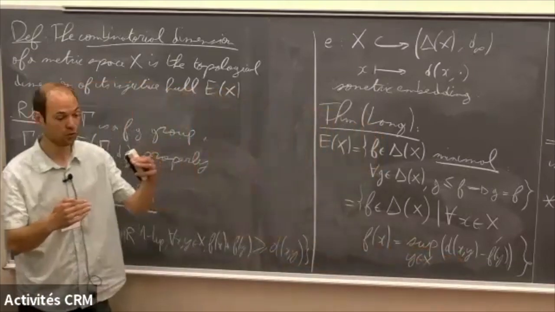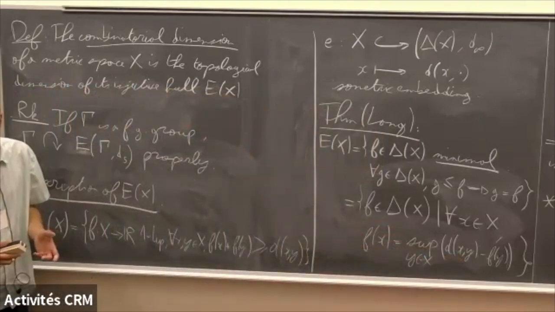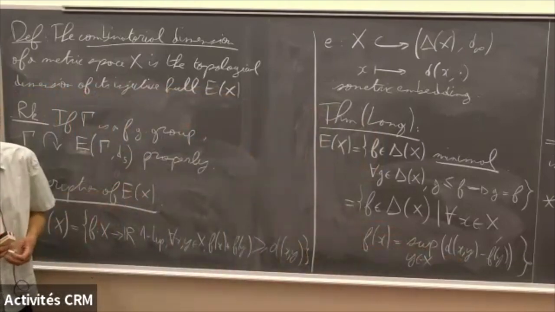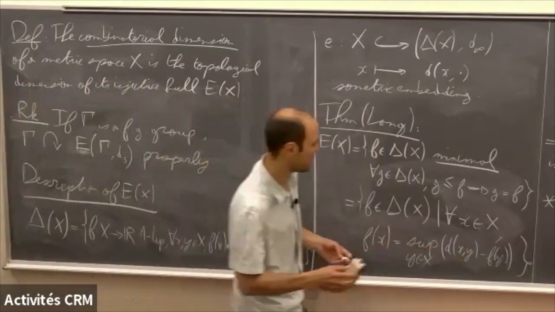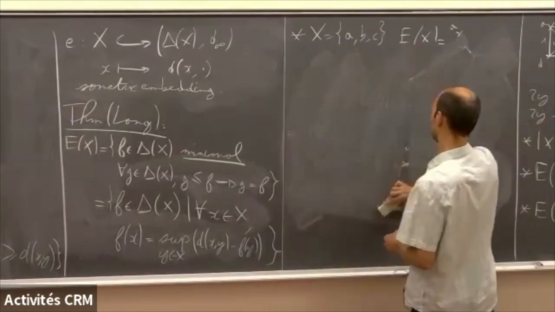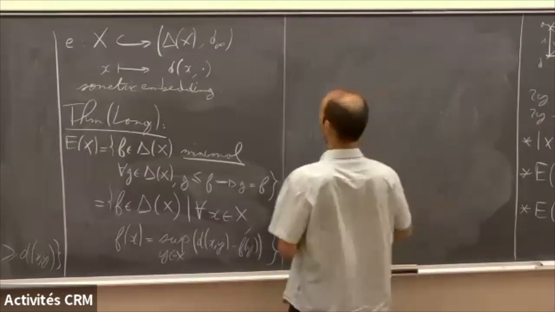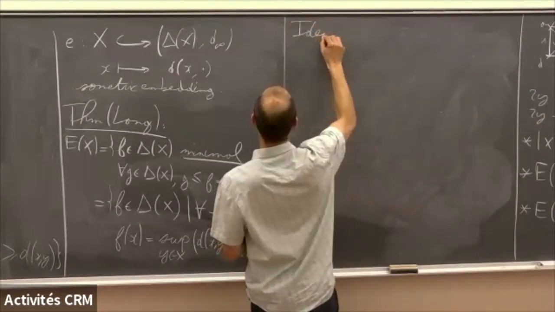But if you want f to be minimal, you want it to be totally the supremum. Okay, that is the statement of Lang's theorem here. So I will just explain the main points of the proof.